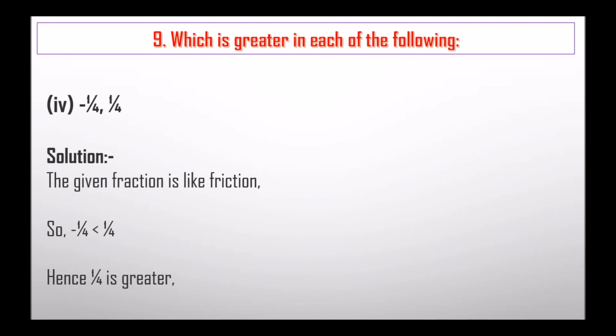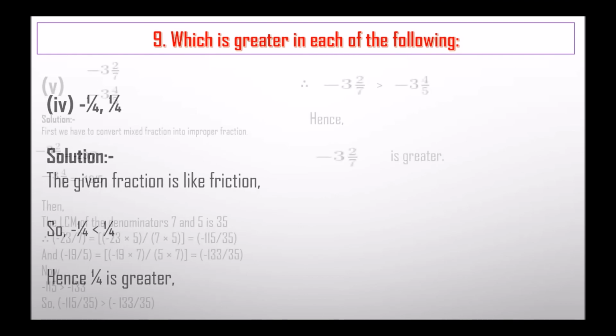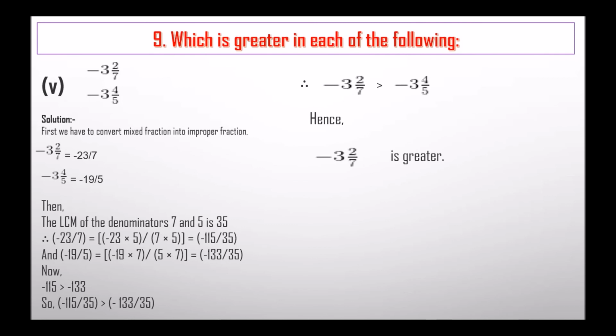Minus 1 by 4 and 1 by 4. The given fractions are like fractions. So minus 1 by 4 is less than 1 by 4. So 1 by 4 is greater. Minus 3 and 2 by 7, minus 3 and 4 by 5.